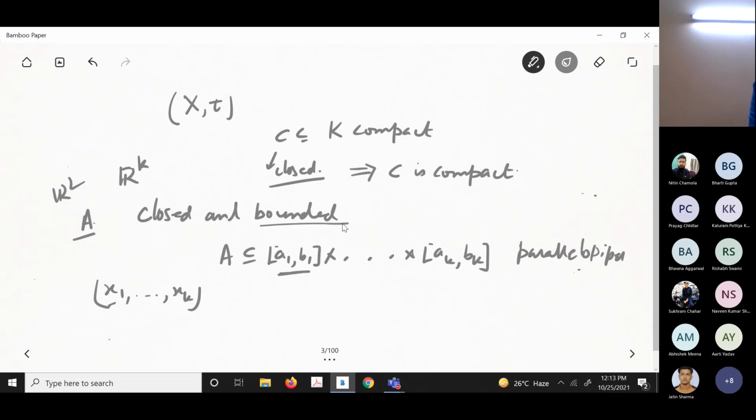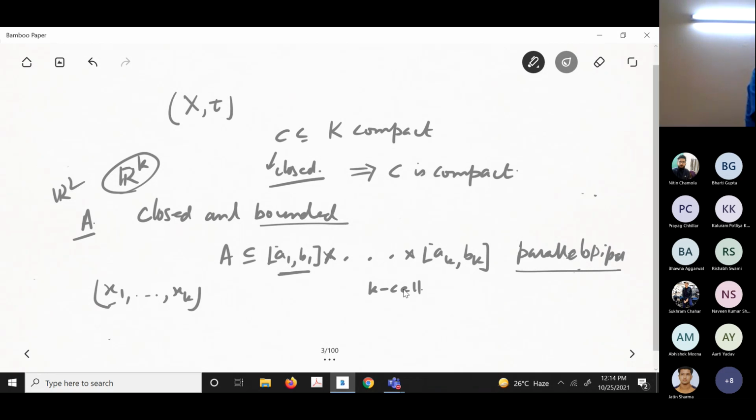A will be bounded if and only if A is contained in a set like this. We are calling this a k-cell, because we are doing it in Rk. But in three dimensions people call it a parallelepiped. It looks like a cell actually.